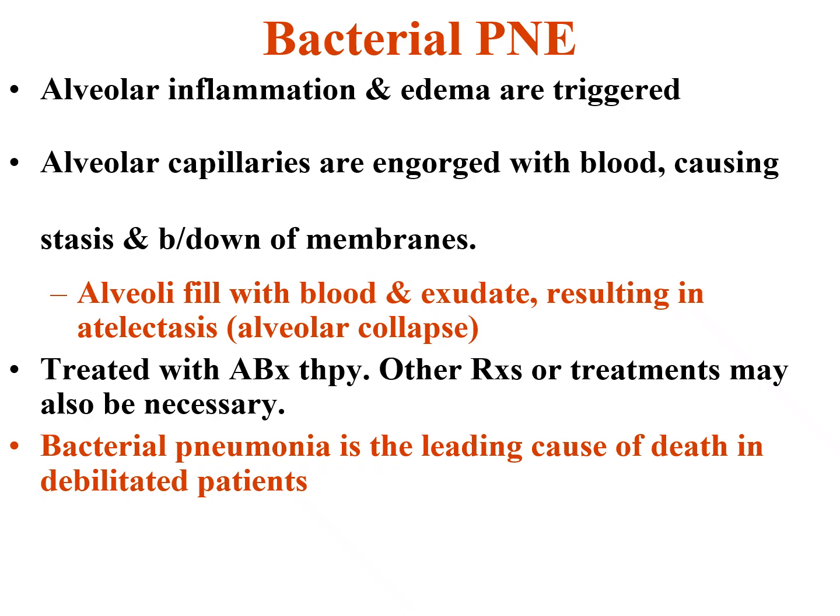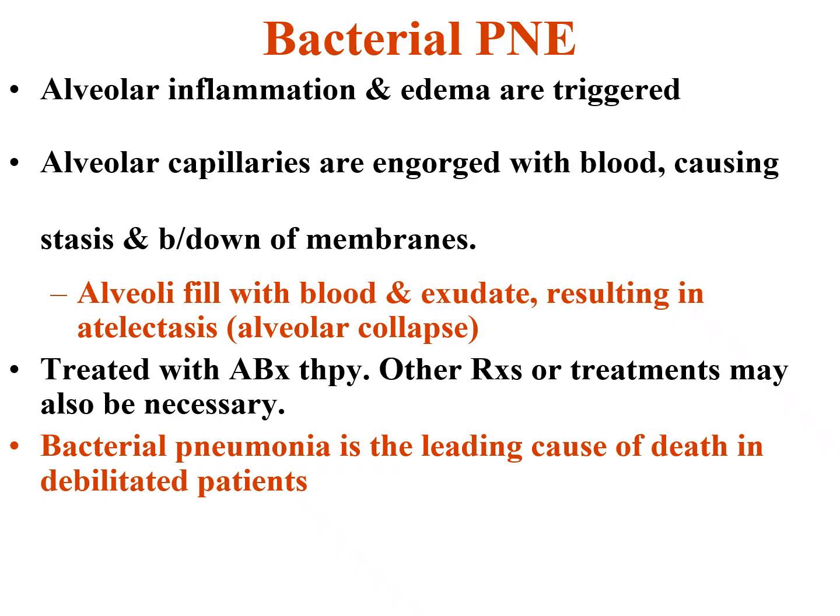With bacterial pneumonia, we have alveolar inflammation and edema, which wind up being triggered. Alveolar capillaries wind up being engorged with blood, causing stasis and then ultimately breakdown of those alveolar membranes. The alveoli wind up filling with blood and exudate, resulting in atelectasis or alveolar collapse.